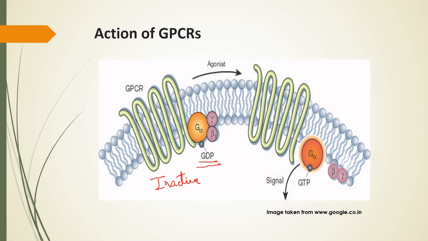Once the G protein coupled receptor is activated by the agonist, immediately the GDP will be replaced by GTP, and the G alpha and GTP subunit is going to dissociate from the beta gamma subunit, and this is now going to activate the second messenger system.